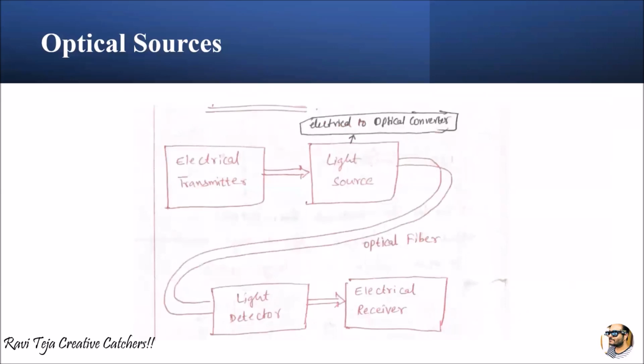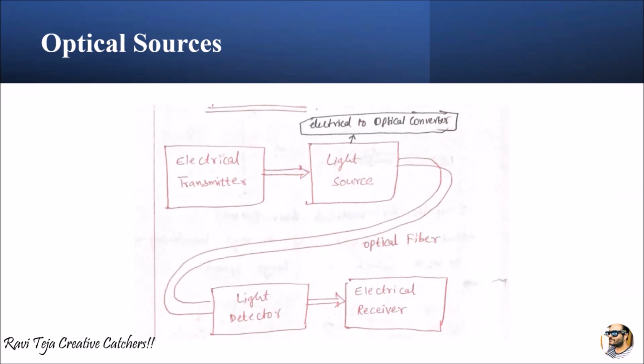Coming to the optical sources, here is a simple block diagram where you will have an electrical transmitter, a light source, which may contain an LED or a laser, and this light source is connected to a light detector using an optical fiber cable. This light detector or photo detector is again connected to an electrical receiver.